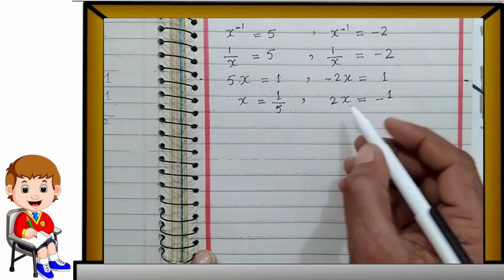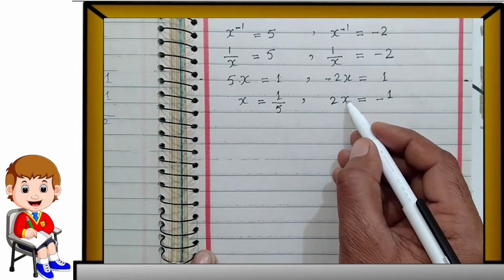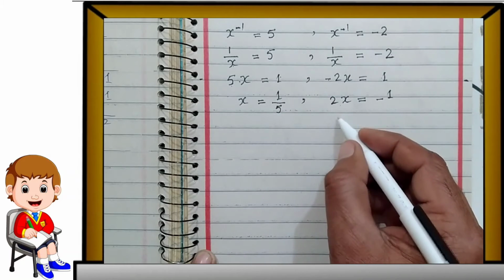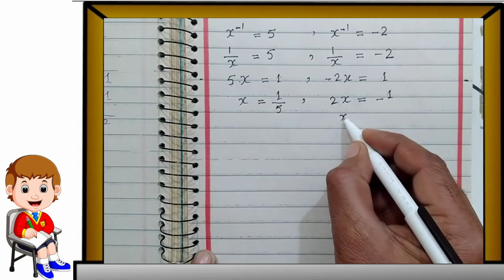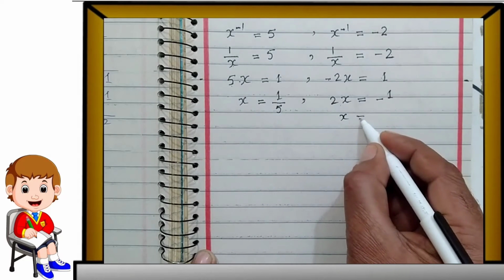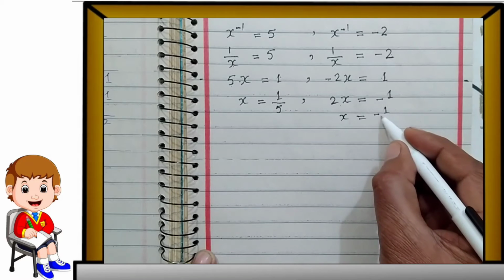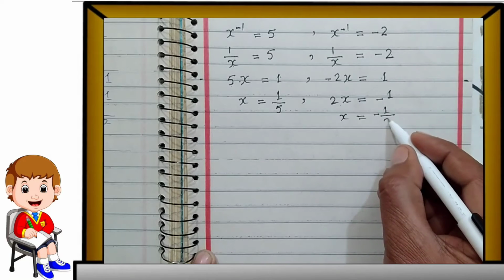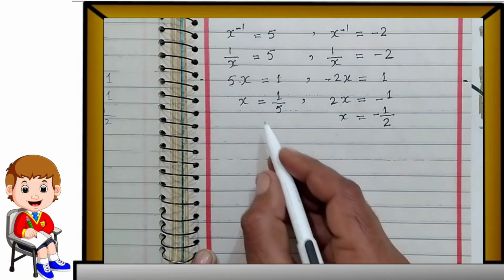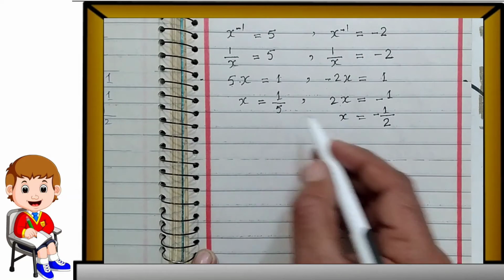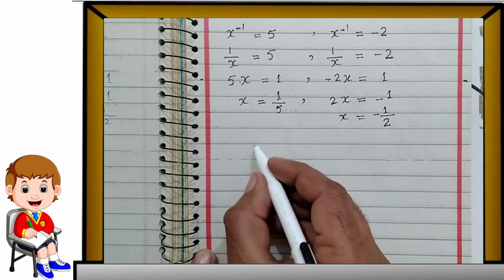And now 2 is multiplying on the left side, it will divide on the right, so here x is equal to minus 1 over 2. So we can find out the values of x: first is 1 over 5 and second is minus 1 over 2.